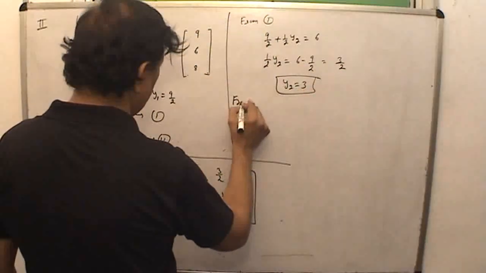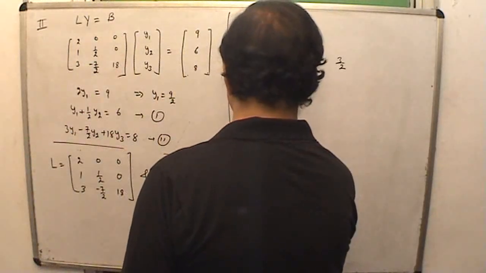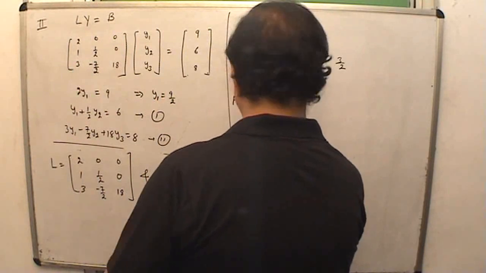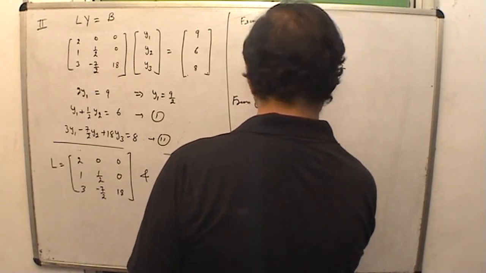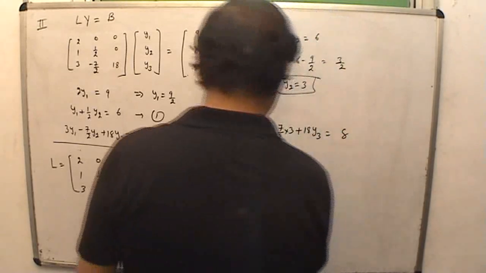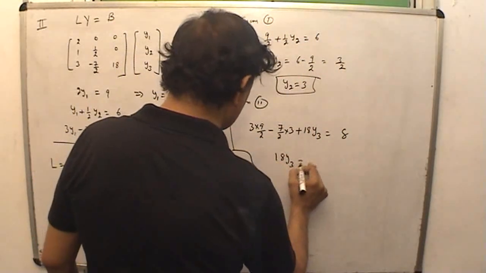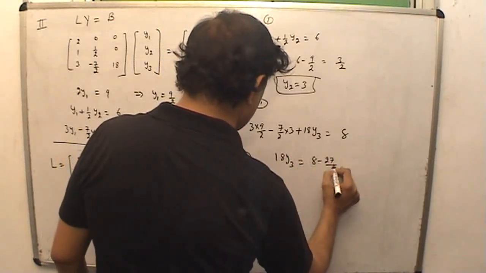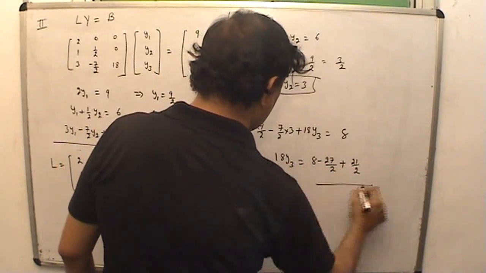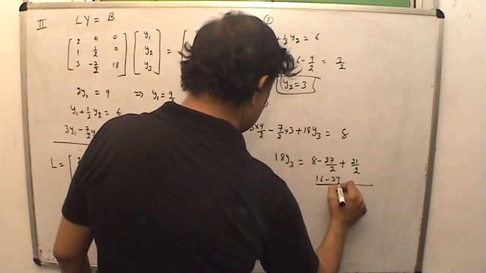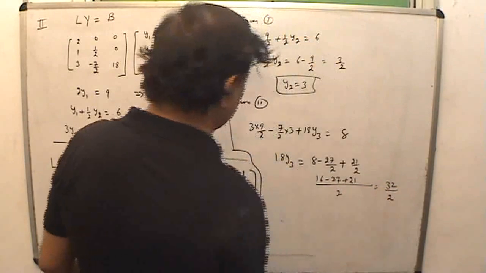Then from 3, 3y1 means 3 into 9 by 2 minus 7 by 2 into y2 means 3 plus 18y3 is equal to 8. That is 18y3 is equal to 8 minus 27 divided by 2 plus 21 divided by 2, that is 16 minus 27 plus 28, that is equal to 32 divided by 2.